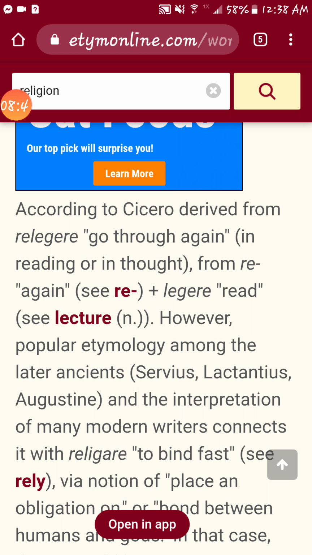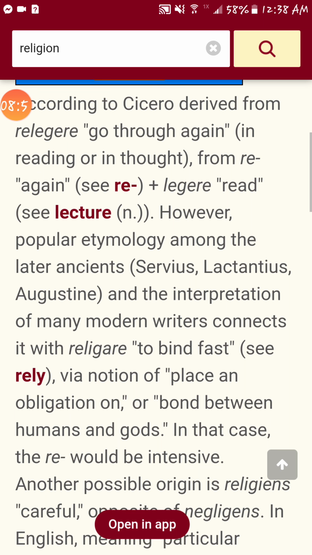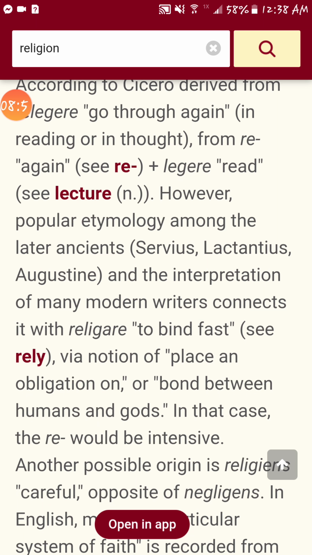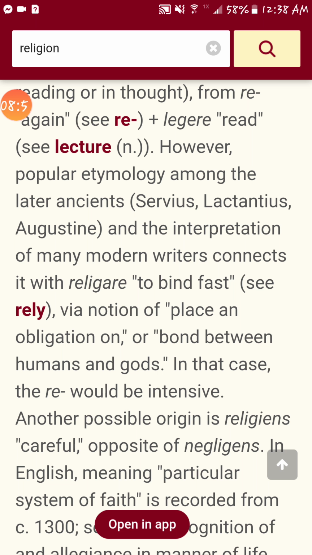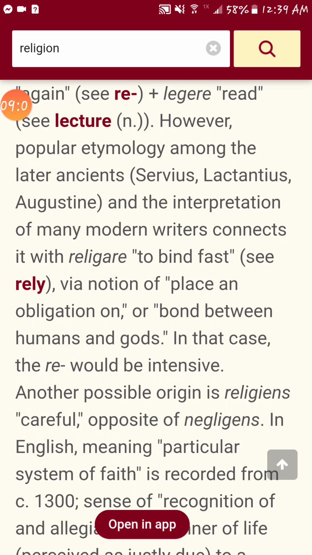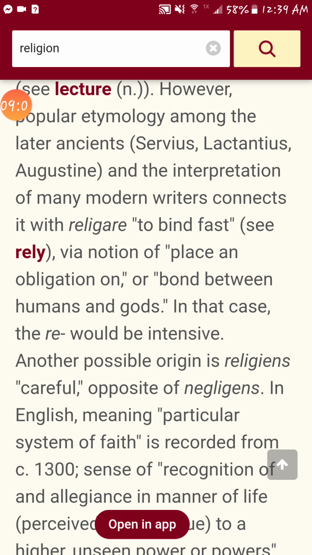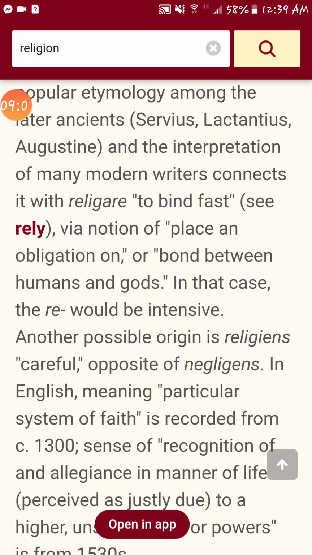Okay. However, popular etymology among the later ancients, Servius, Lactantius, Augustine, and the interpretation of many modern writers connects it with religare, to bind fast, see rely, via notion of place and obligation on.